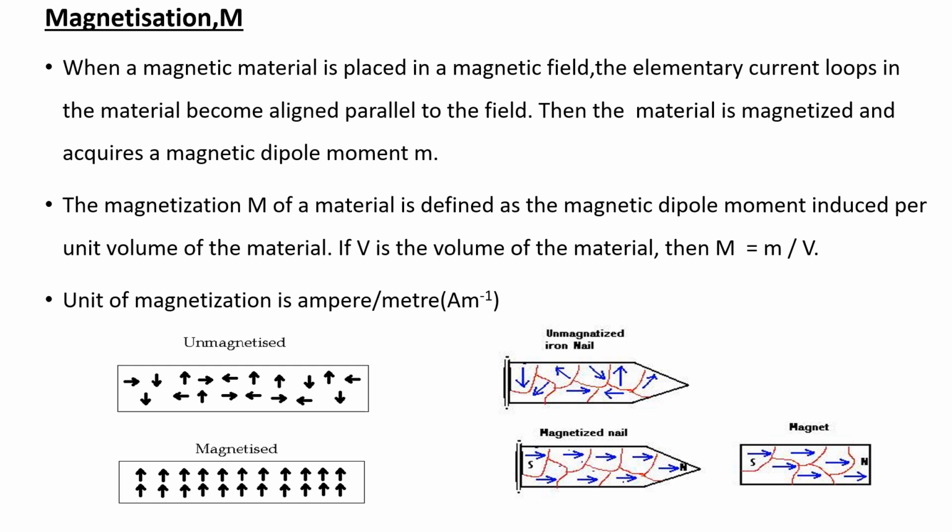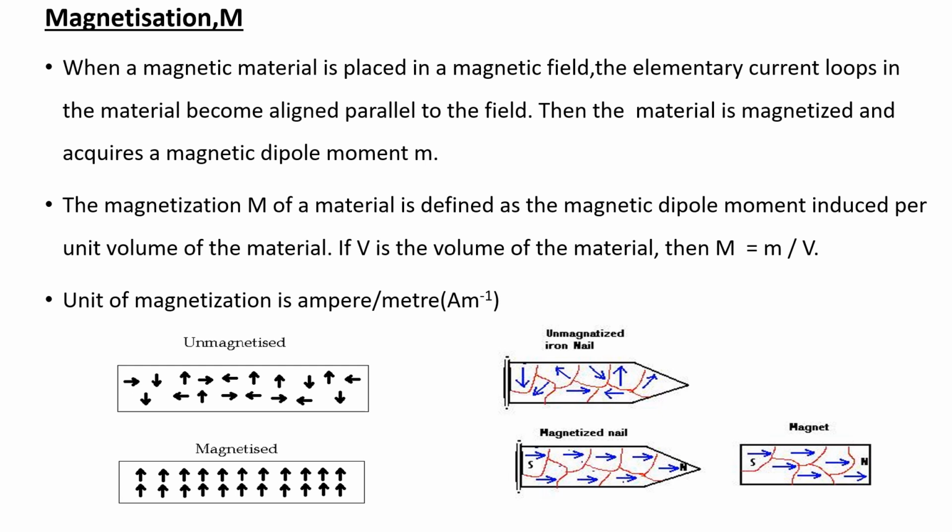Next is the magnetization M. When a magnetic material is placed in a magnetic field, then the material becomes aligned parallel to the field, and the material is said to be magnetized. That is, when the material becomes aligned with respect to the field, then it acquires a magnetic dipole moment.